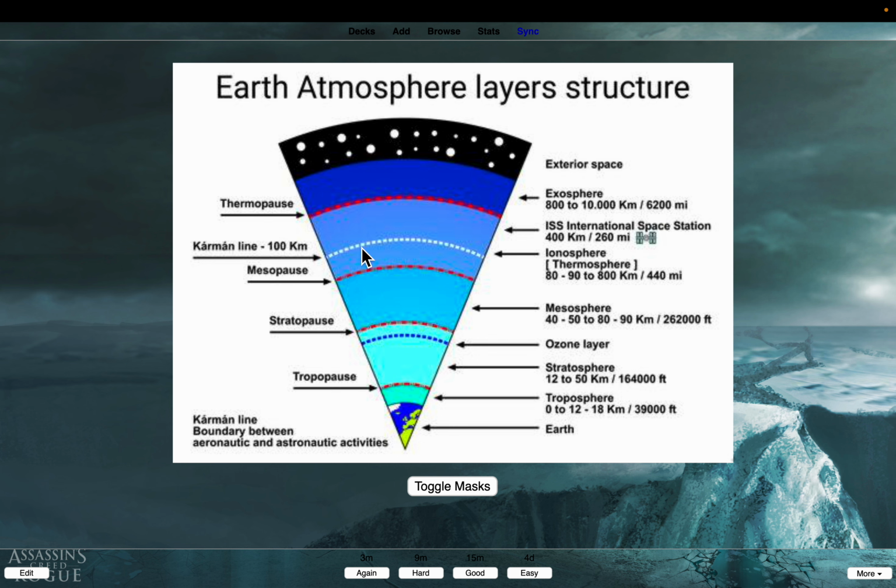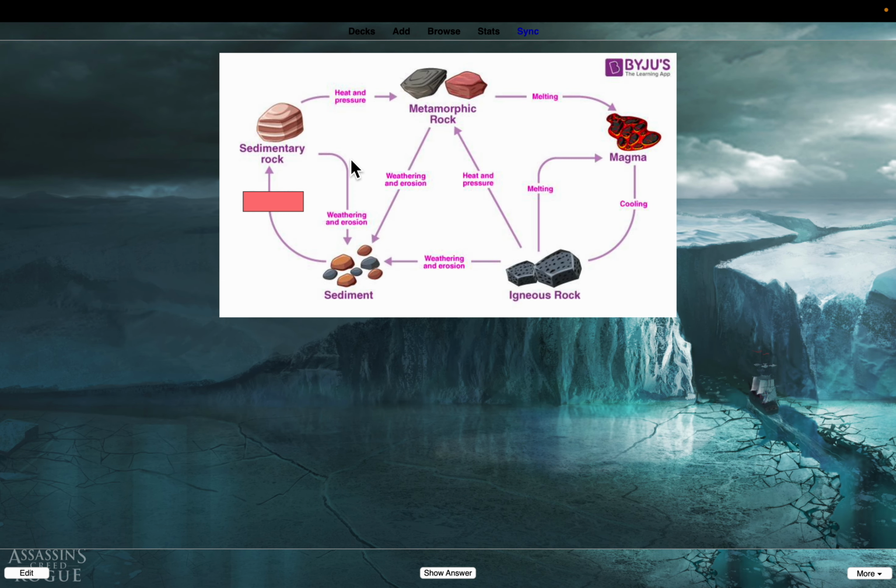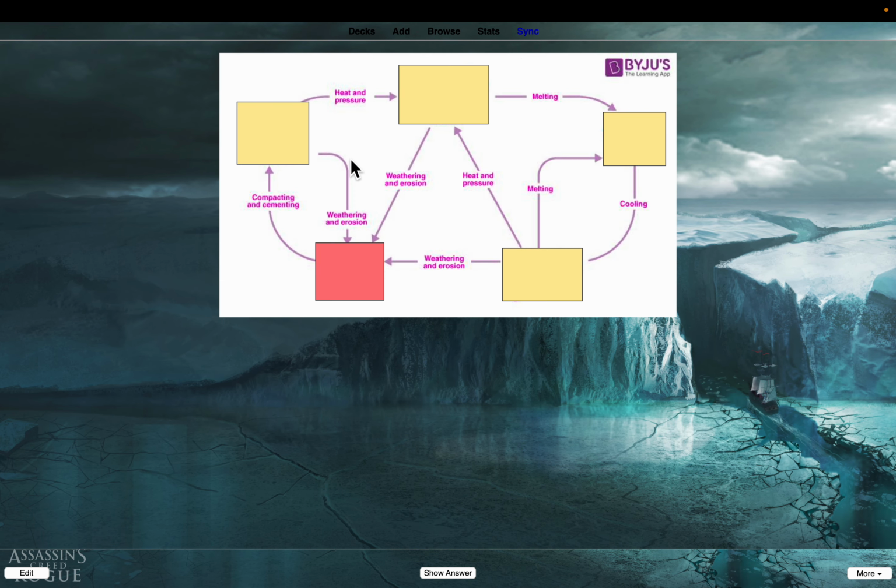Kármán line is located within the thermosphere. We have the exosphere over here, and the exterior space. Okay, we've been there already.